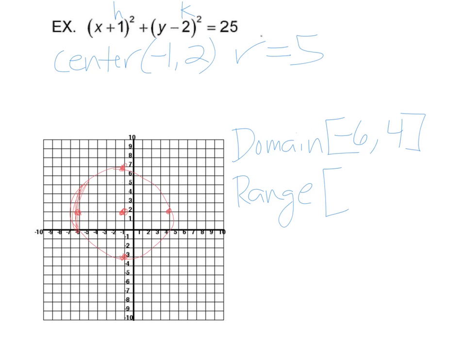The lowest y value is at y equals negative 3. And the highest y value is up at 7. Make sure you always follow all directions. We were asked to do 3 things basically: center and radius, graph, domain and range.